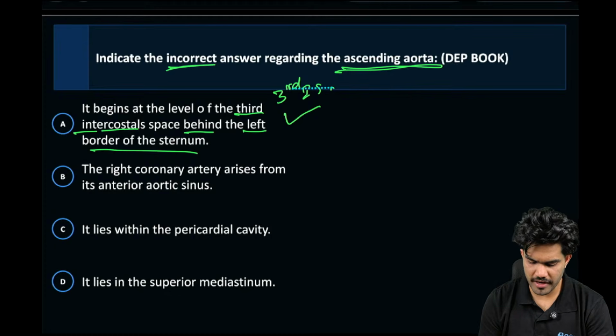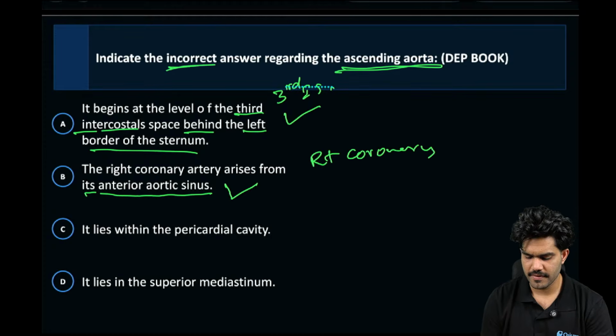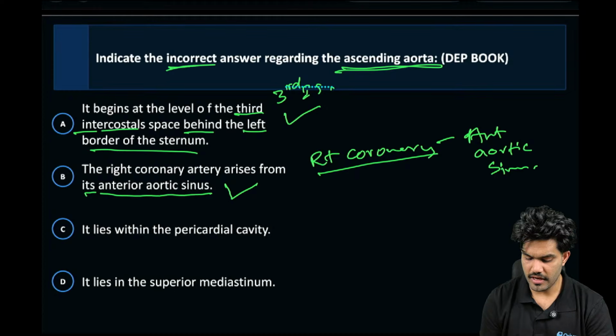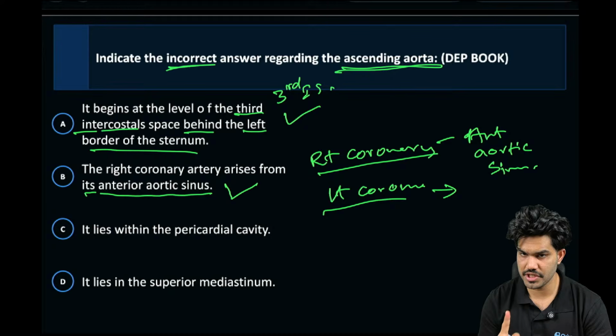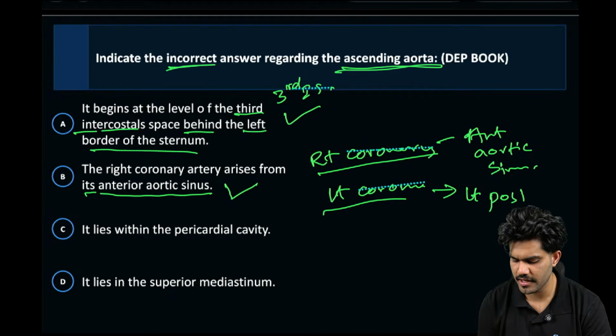The right coronary artery arises from its anterior aortic sinus. Yes, I told you, right coronary means anterior aortic sinus. Left coronary means, again revision, okay guys. Left coronary means, yes, you are right, left posterior aortic sinus.